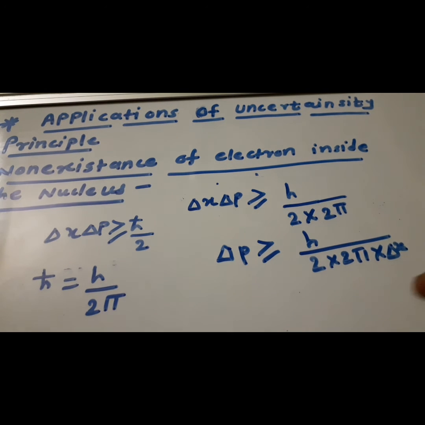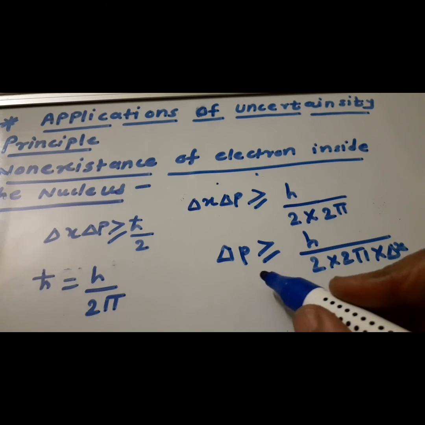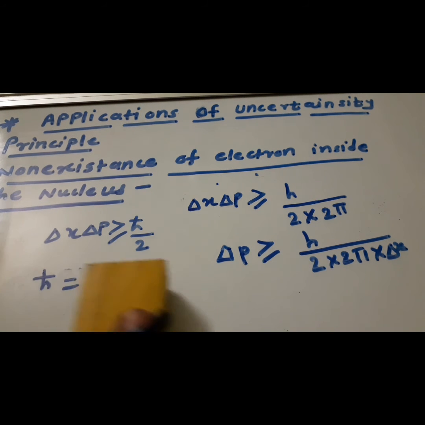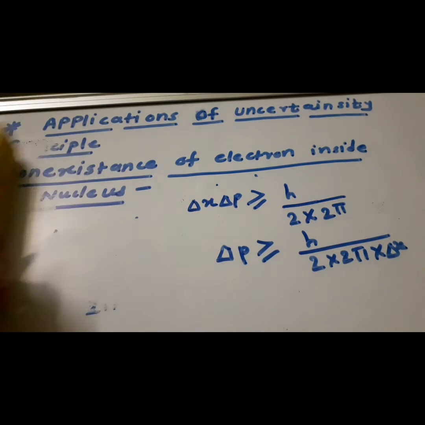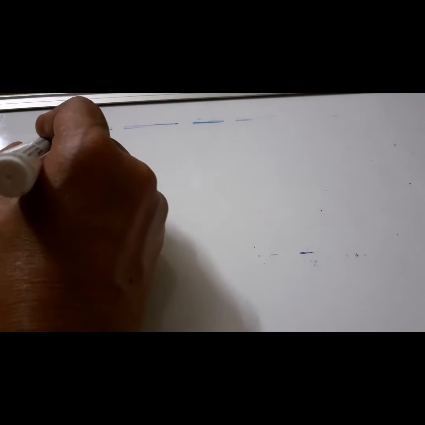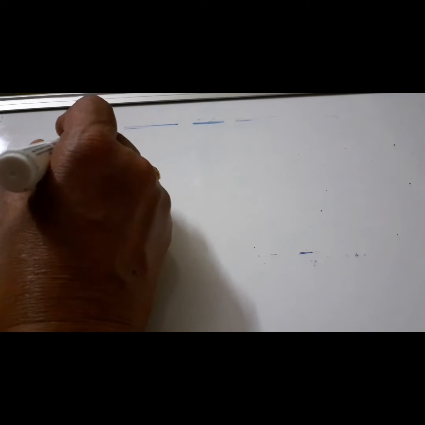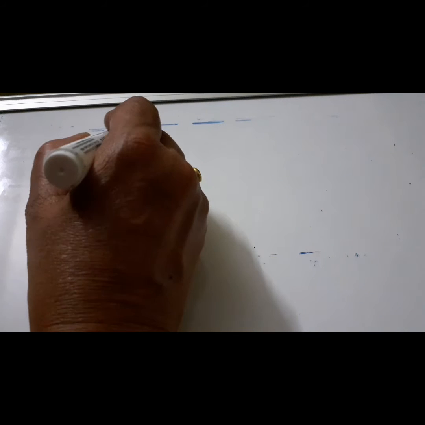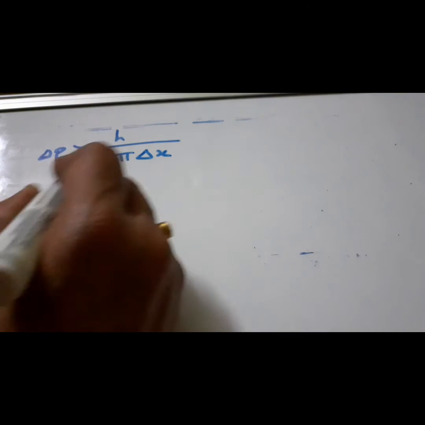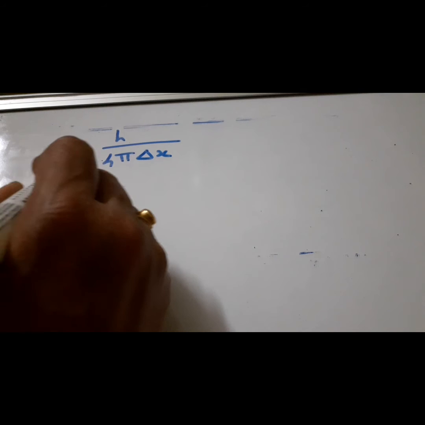Then put the values of h, delta x and pi. Then this equation can be written as delta p is greater than or equal to h upon 4 pi into delta x.